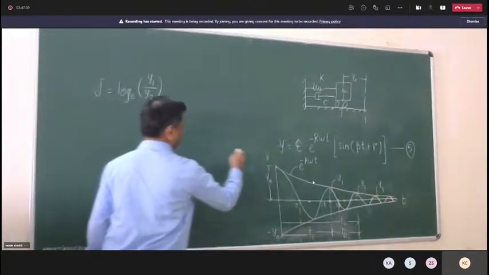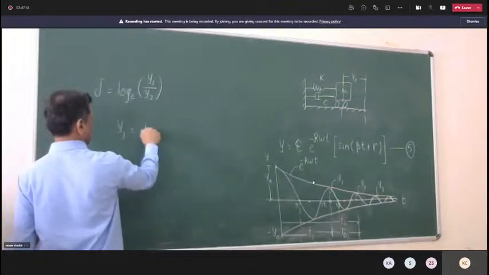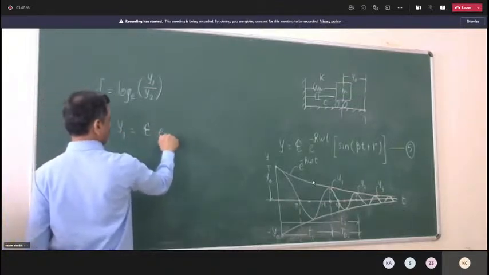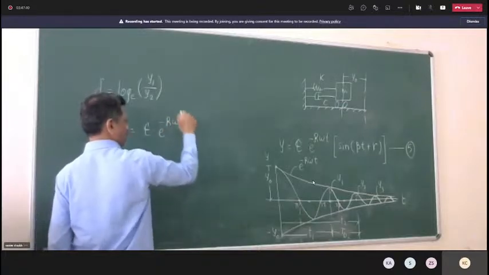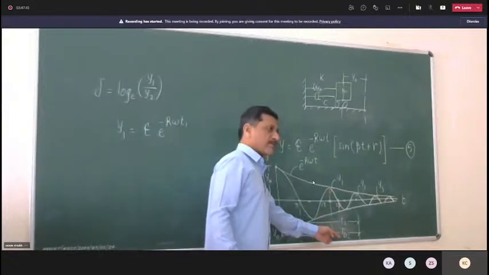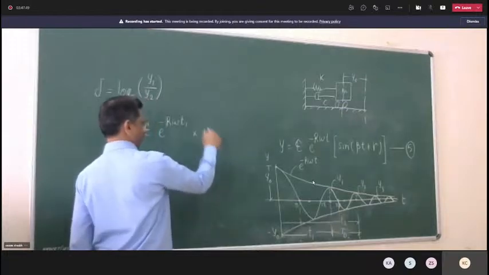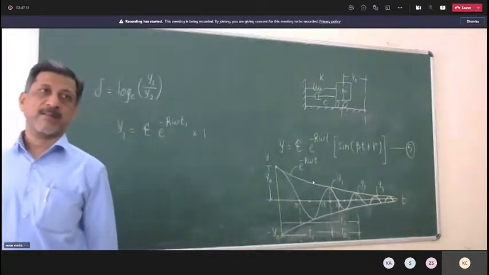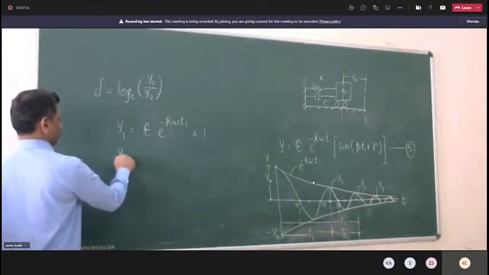what will be the equation of y1? So I can write this as E into e raised to minus r omega t1, or y1, the time is t1, into sin theta, which is 1. Similarly, what will be y2?